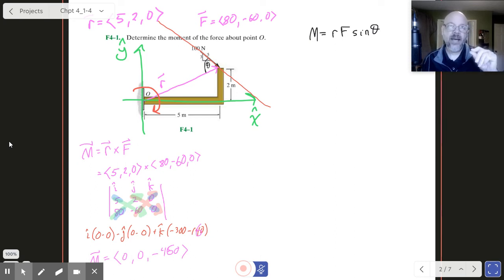And that line of action is important when it comes to your moments because the moment arm depends on the distance between our point of interest and the line of action. Okay, so see how I've got a triangle right there?